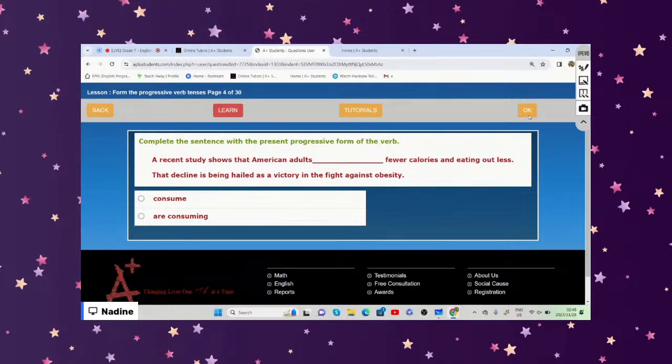That decline is being hailed as a victory in the fight against obesity. So do we say consume fewer calories and eating out less, or are consuming fewer calories and eating out less?